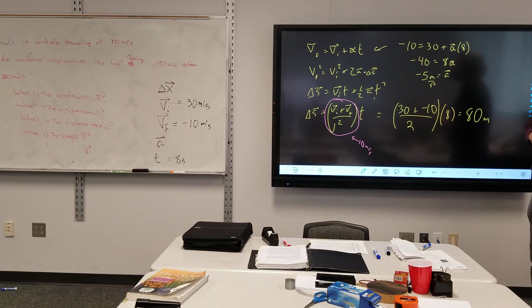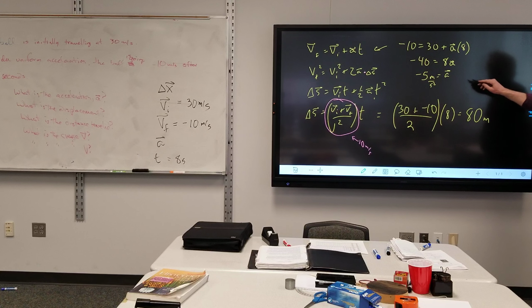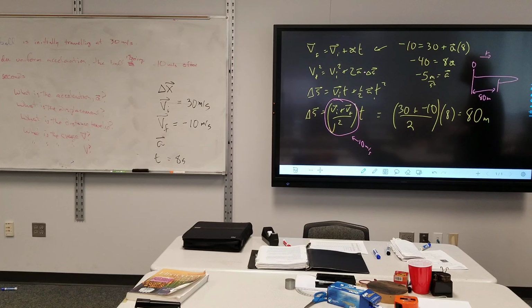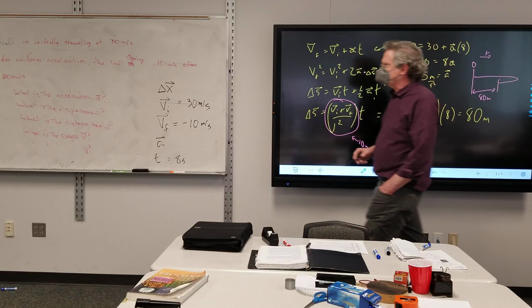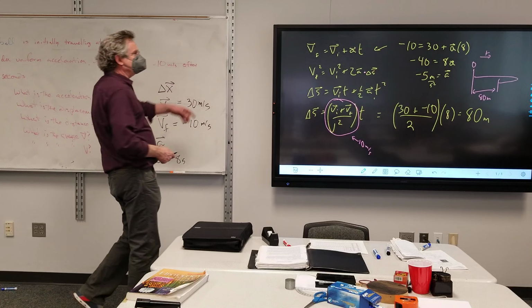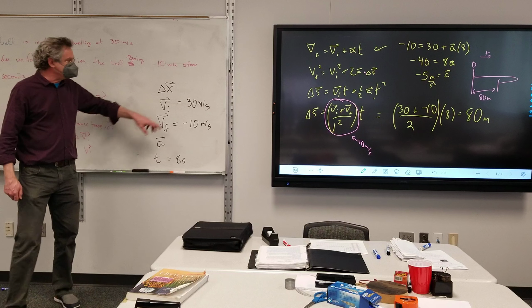The distance traveled. We are running low on time here, so I'm going to zip through it quickly. Recognize that I'm starting at some spot. I'm just going to make that the positive direction. I go out and then at some point I turn around. I know I end up 80 meters from where I started on the positive side. At what time do I turn around? Well, I'm going to turn around at 6 seconds. If my acceleration is negative 5 meters per second squared, I start at 30.